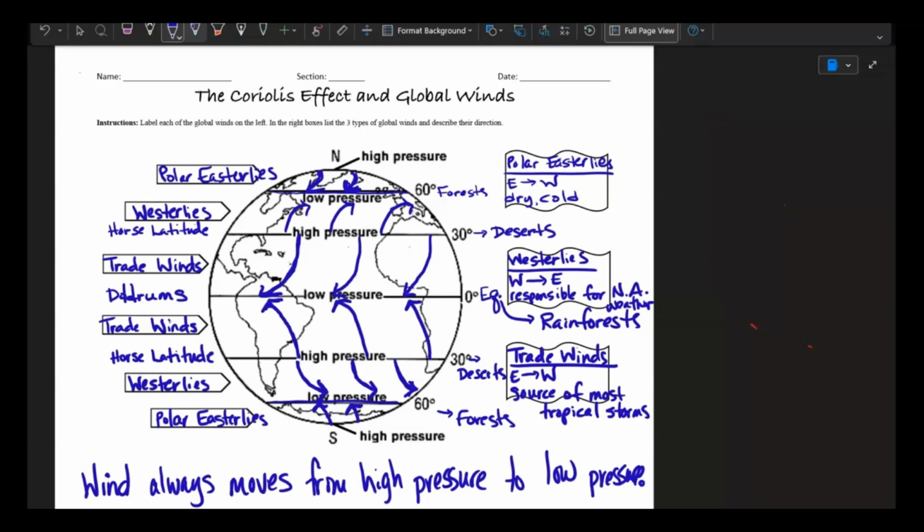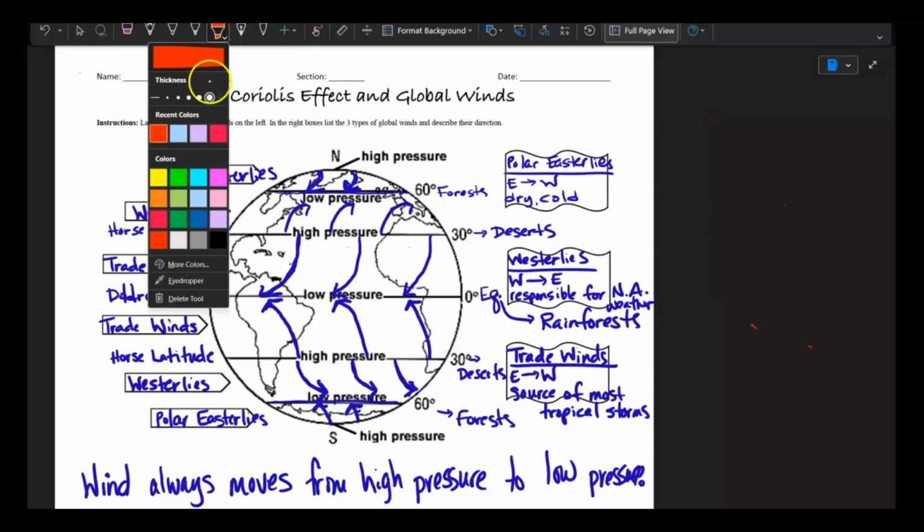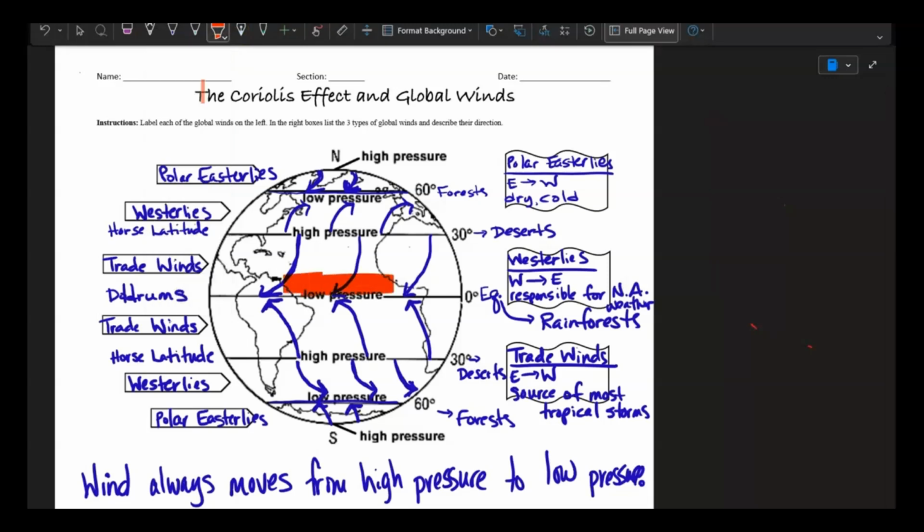All right, and then we're going to color code just to make it a little bit more clear. So let's highlight. And I'm going to use red for my trade winds because they're close to the equator. They're in the tropics where it's warm.